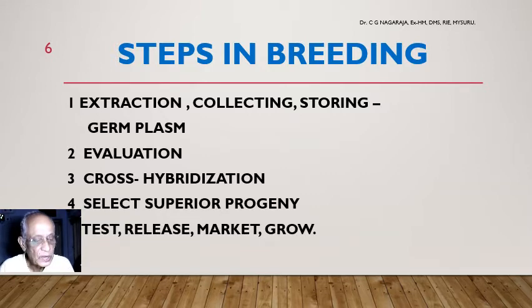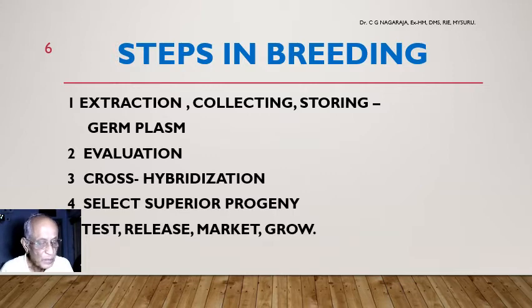Superior progeny means ones known for a particular trait, which will be produced many times even though it has been repeatedly used. That's called superior progeny. And then they test that in the field. After testing, they release it to the market. It goes to the farmers, and they grow it, and the yield will be much more, both quality-wise and quantity-wise.